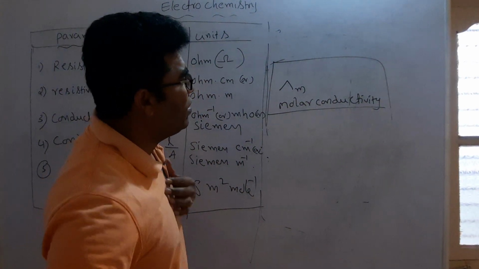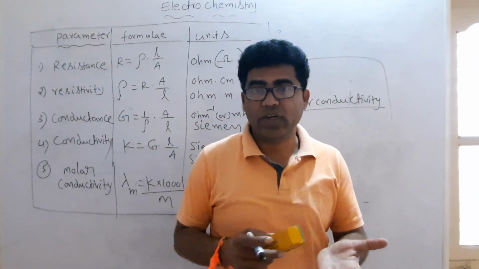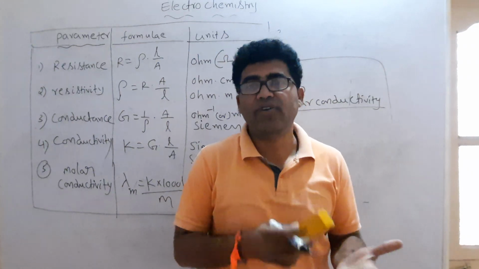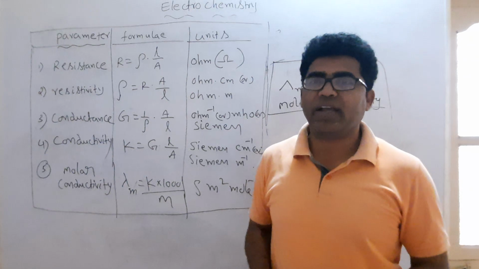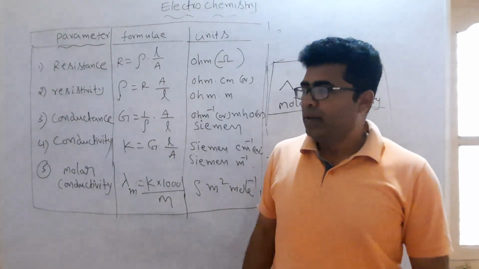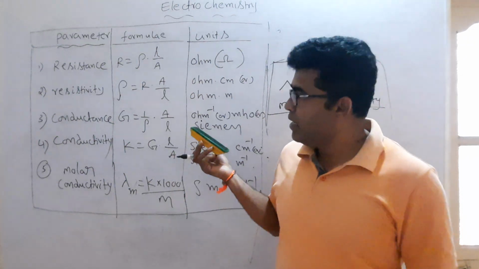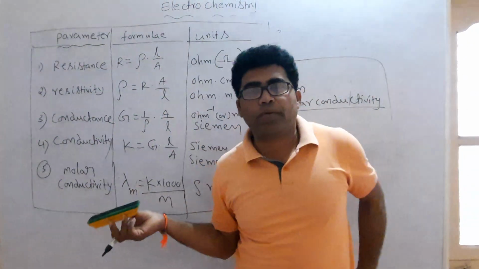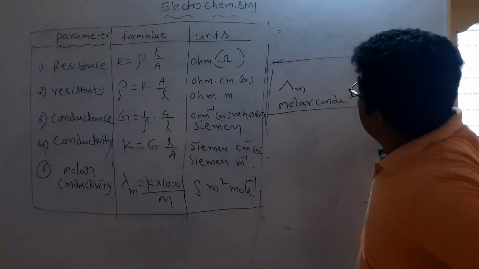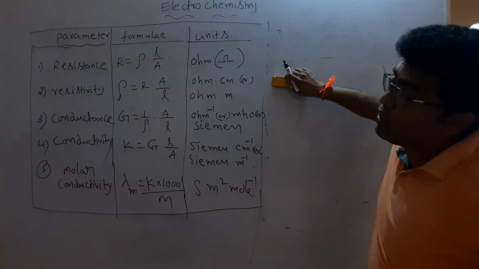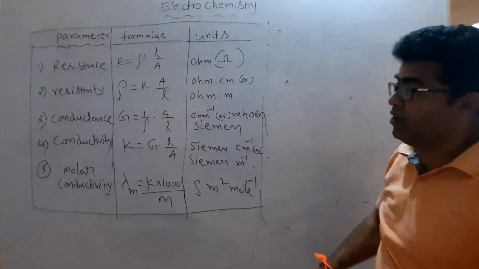To understand Kohlrausch's law, you should have an idea of strong electrolyte, weak electrolyte, and infinite dilution. Before that, I told you that any parameter and any property we can find experimentally. For example, body temperature can be found by using the equipment thermometer.